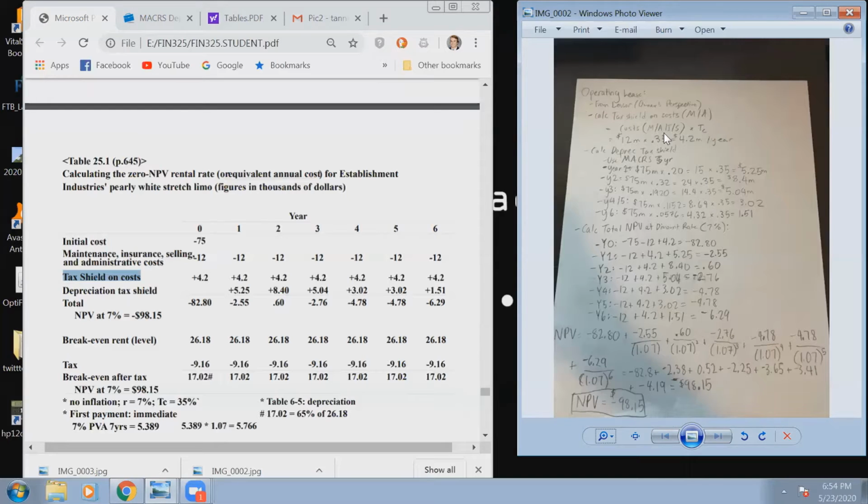In this case, we're in the 35% tax bracket. So we just take that $12 million and multiply it by 35%, and it's going to give us $4.2 million a year. And that is our tax shield on our total costs. That's going to be the amount that we save in not paying taxes.